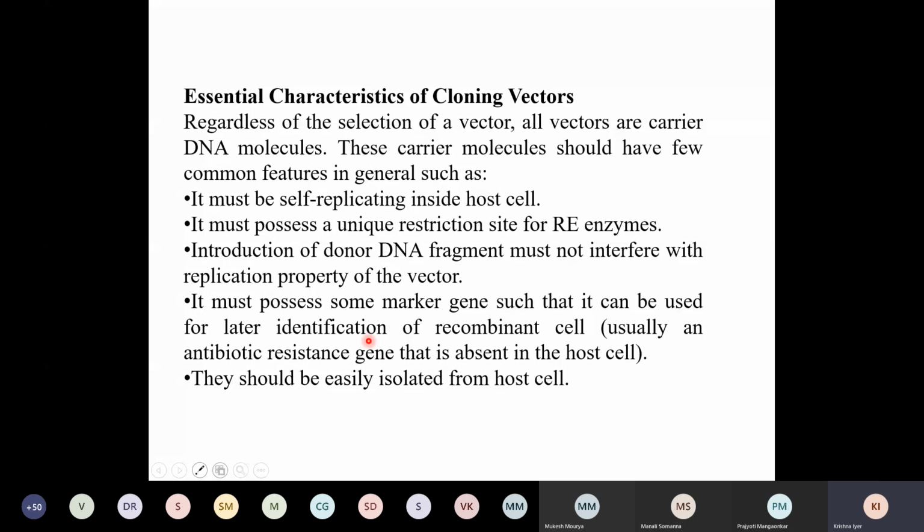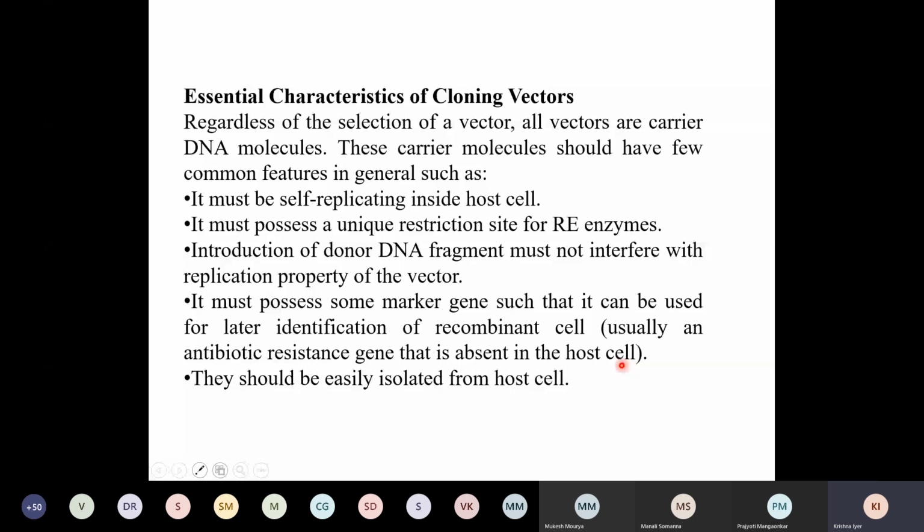Remember, different plasmids have different properties. So I want a property in a plasmid such that it will allow me later to figure out whether a bacteria contains the plasmid or not. For example, an antibiotic resistance gene which is normally absent in the original bacteria.